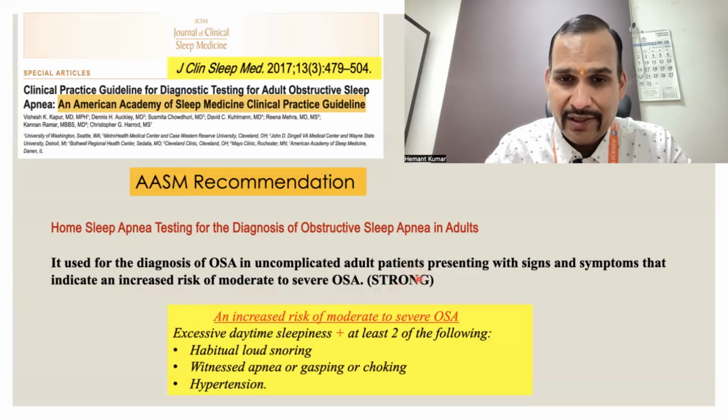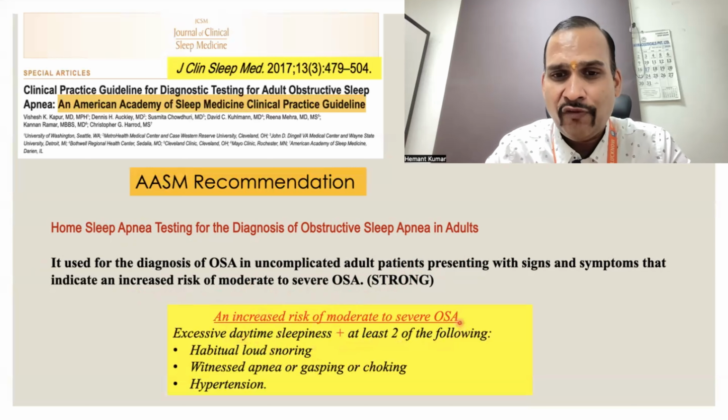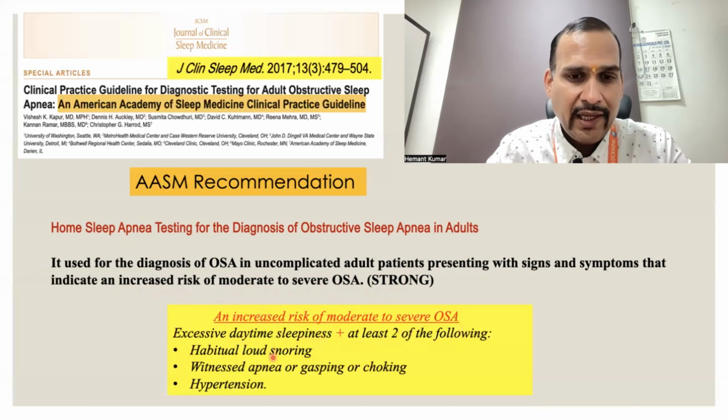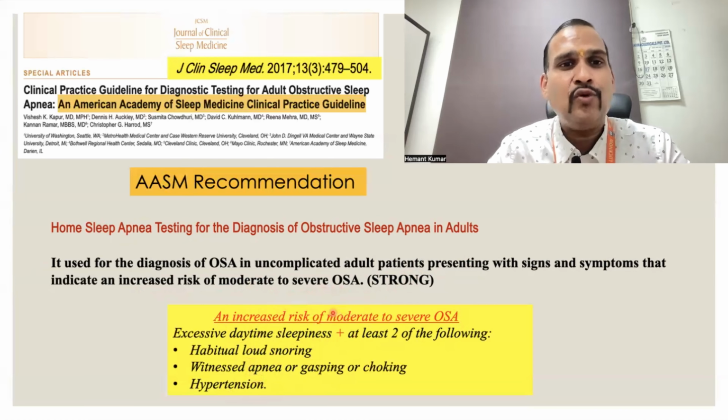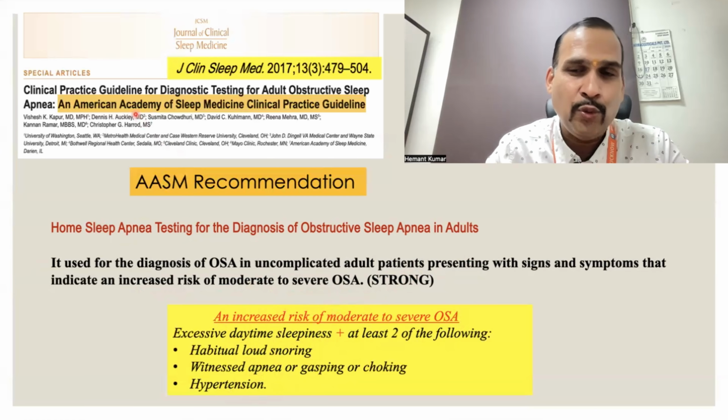This is a strong recommendation. How to identify moderate to severe OSA? Those patients having excessive daytime sleepiness with two of the following: habitual loud snoring, witnessed apnea, or hypertension. If these criteria are fulfilled, then we can go for a type 3 study or home-based sleep study.